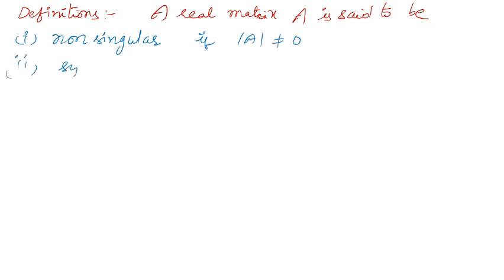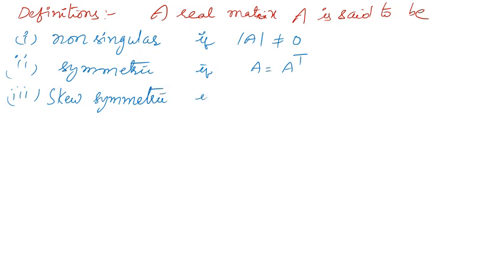Second one, symmetric matrix if A equal to A transpose. You know all this, but let me recollect. And a skew symmetric matrix if A equal to minus A transpose, right?